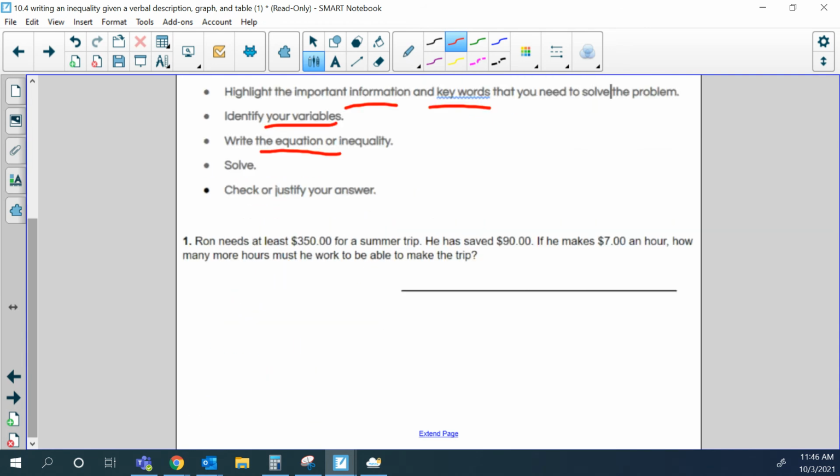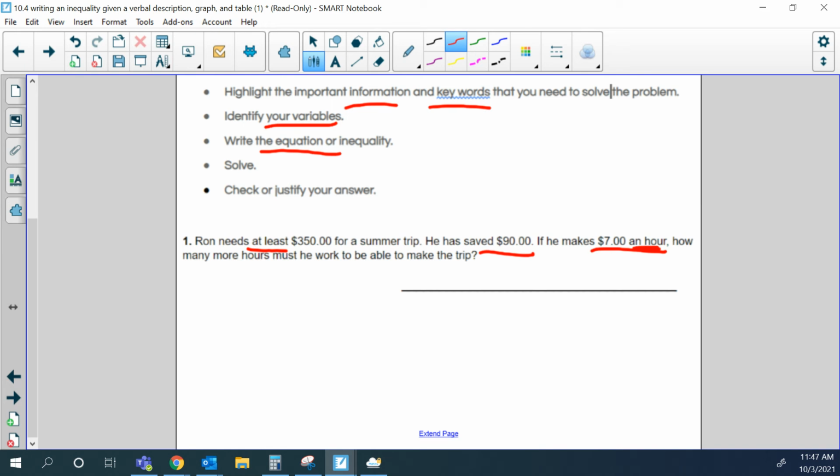Again, if we look at it, Ron needs at least, and at least is the inequality greater than or equal to. Ron needs at least $350. He has saved $90, so that's going to be your initial value, your constant. And then he makes $7 an hour.